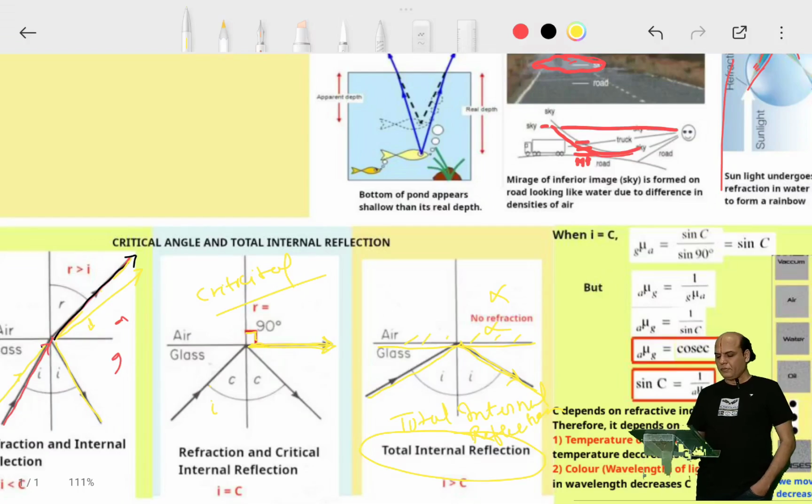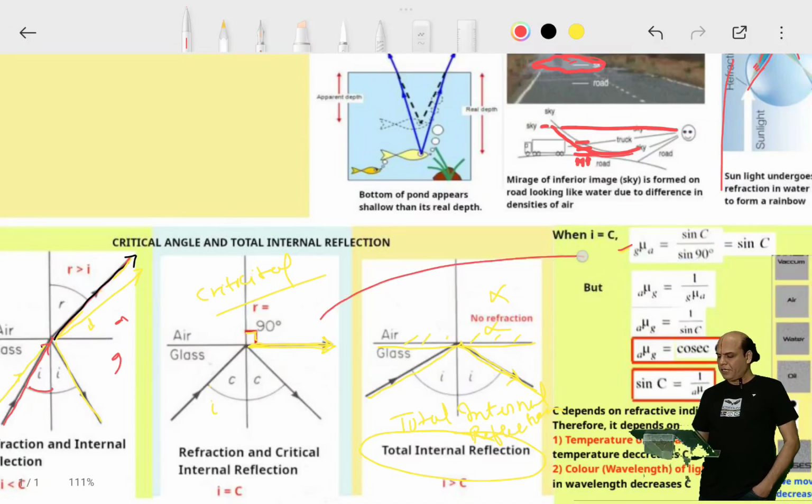Now, as per the definition of refractive index, the refractive index of the second media with respect to first, that is air with respect to glass, is given as sine of angle of incidence to sine of angle of refraction.